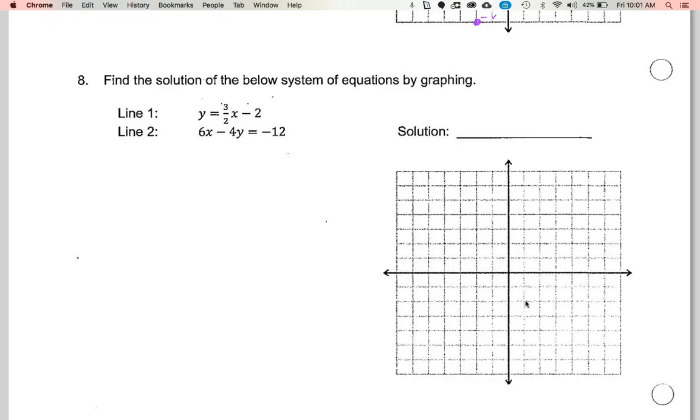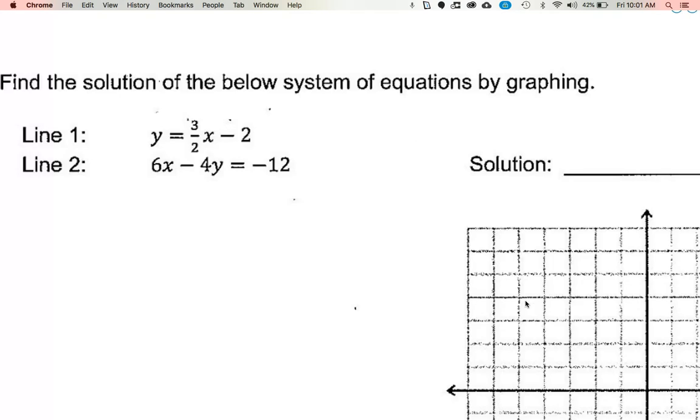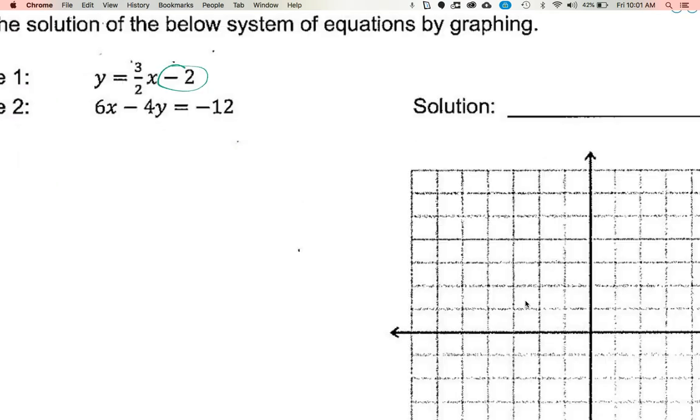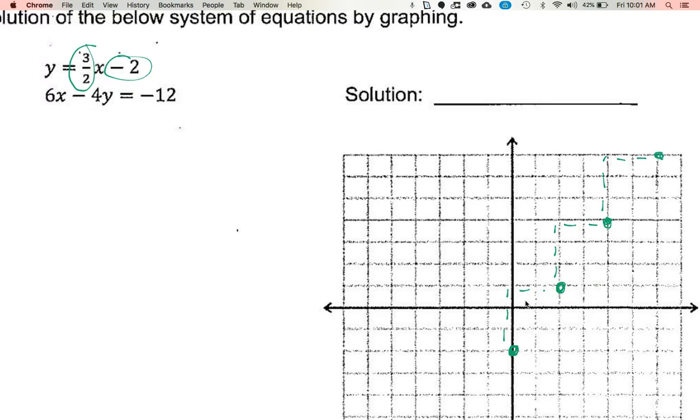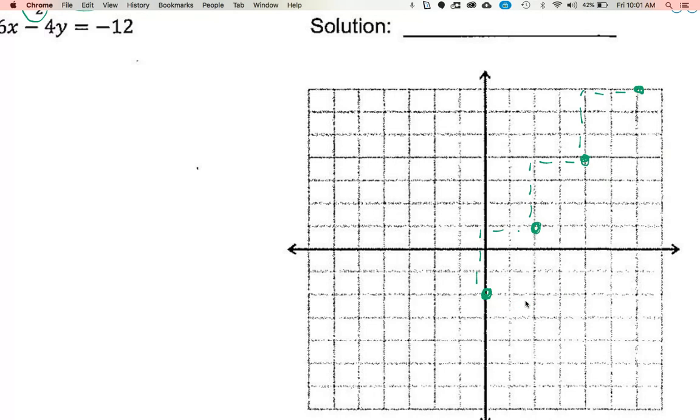All right, the next one. I'm going to start at -2. And the slope tells me to move up 3/2. And then I'm going to go down in the other direction, down 3 to the left 2. And then I run out of room.